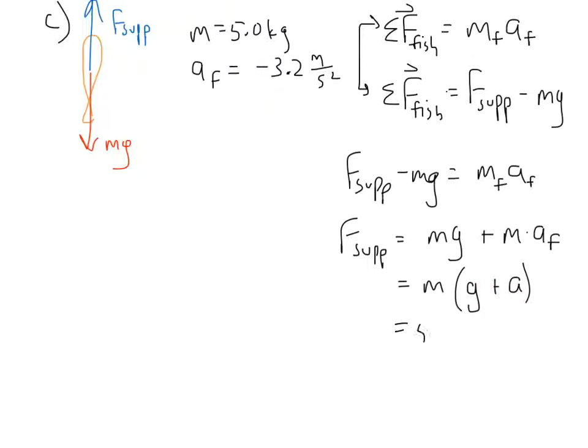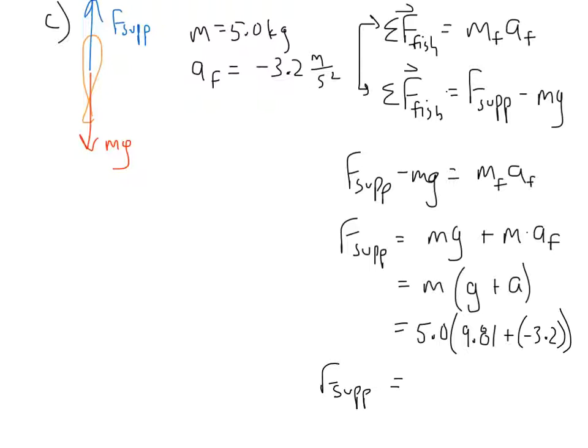So the mass of the fish is 5.0. G is 9.81. Plus, now our a is negative, so we've got to put a negative in there, plus negative 3.2 meters per second squared. That's going to mean that our supporting force, our apparent weight, is going to be the difference between 9.81 and 3.2.